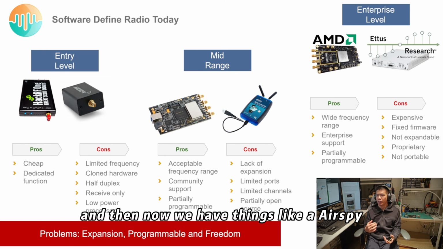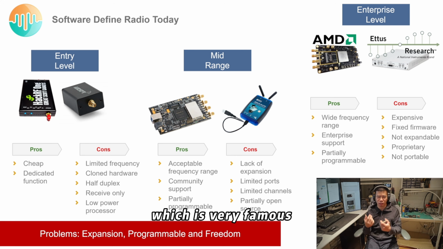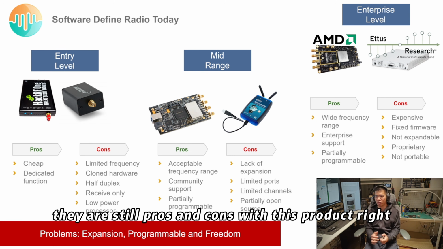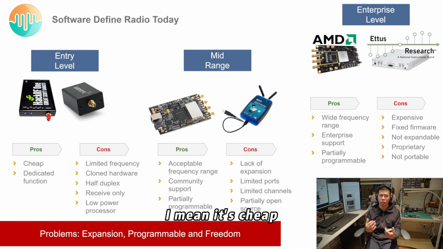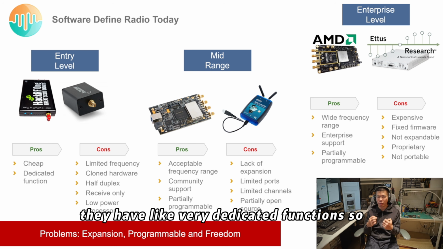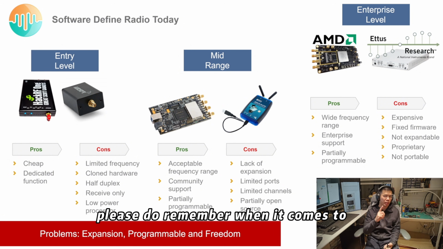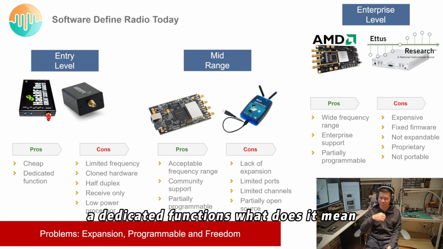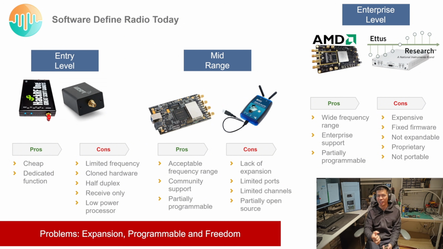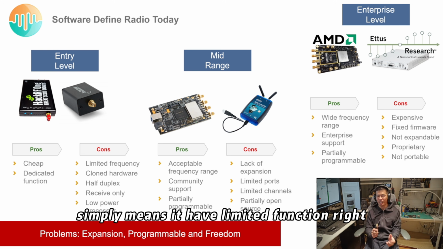And then we have things like AirSpy, which is very famous, easy to get, but there are still pros and cons with these products, right? I mean, they're cheap, they have very dedicated functions. So please do remember, when it comes to dedicated functions, what does it mean? It simply means they have limited function, right?